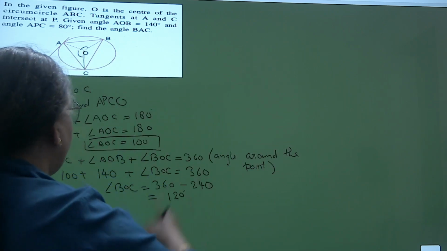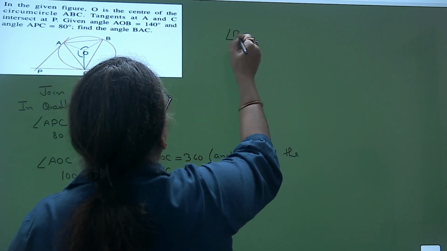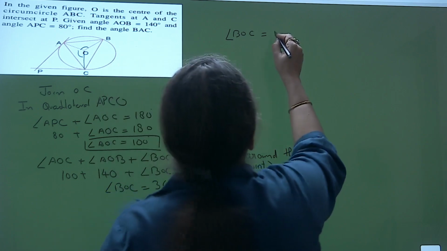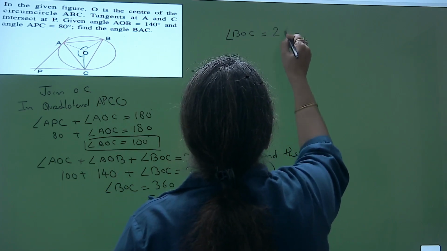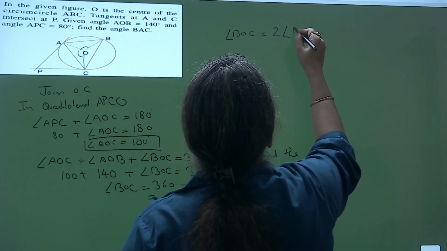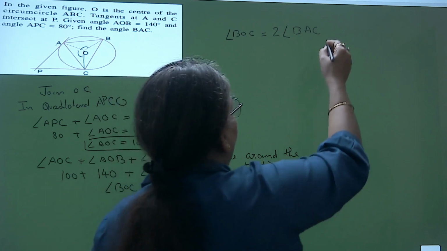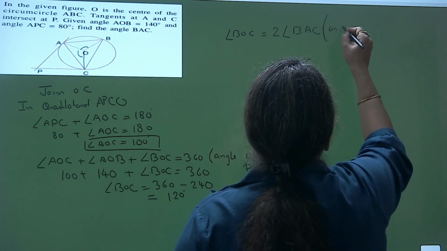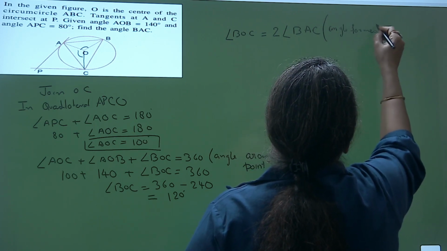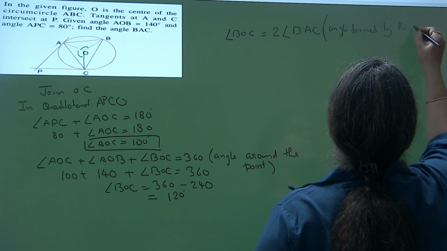So using that relationship, we can write angle BOC is equal to twice angle BAC.